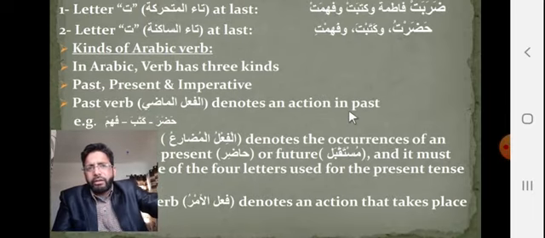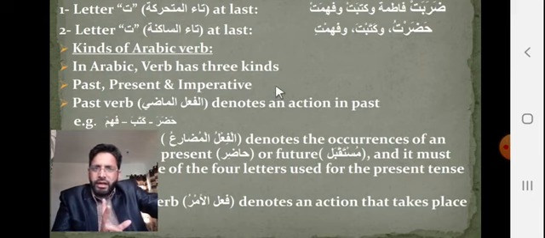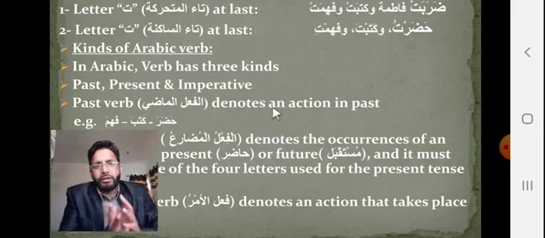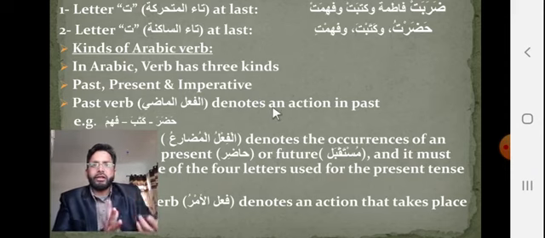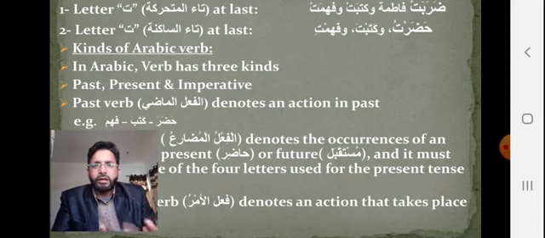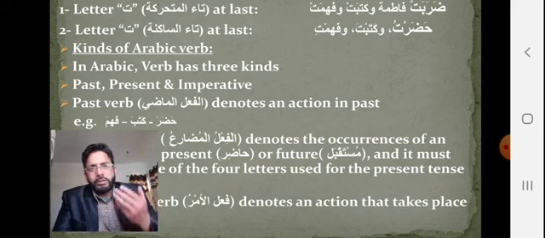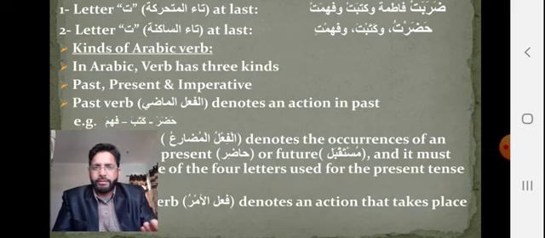Now there are kinds of verbs, as I told you in the beginning. In Arabic, verb has three kinds: past, present and imperative. There might be some confusion in your mind when I say there are only three kinds: past, present and imperative. Then where is the future? Actually, the fi'l mudari, the verb we use in the present, is also used for future.